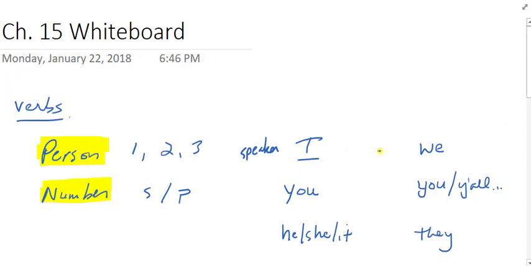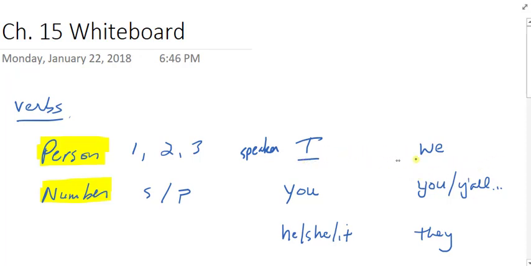So verbs in English don't really mark person. We rather have some simplistic forms in English, don't we? I mean, in Greek we mark them, but in English we don't. So I would say I speak and we speak, and the form of speak is the same either way. You speak and y'all speak. The form of speak is the same either way.